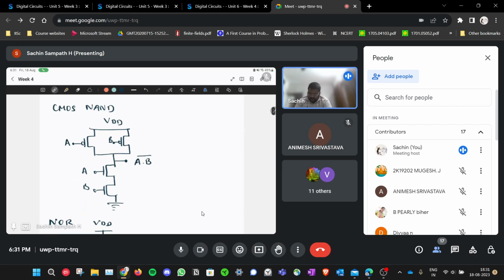Here, this VDD will be plus 5 or plus 12, depending on what transistor you're using. You'll have different values, and at the bottom, it is connected to ground.